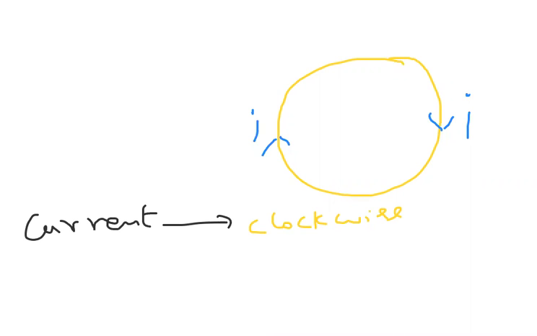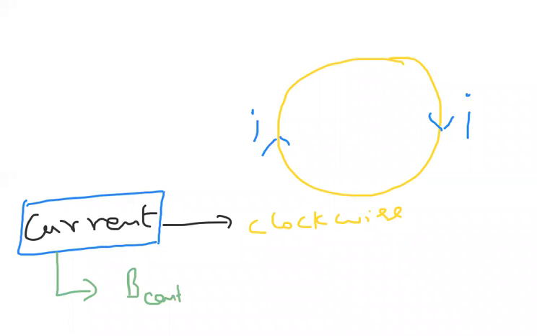If you are confused how to handle the situation, it is very simple. Current in clockwise direction, then always the magnetic field at the center will be into the page.